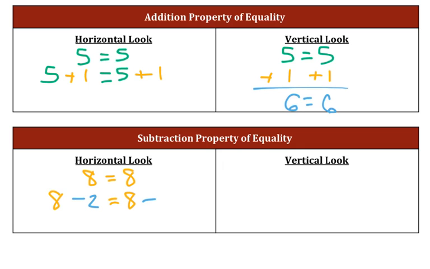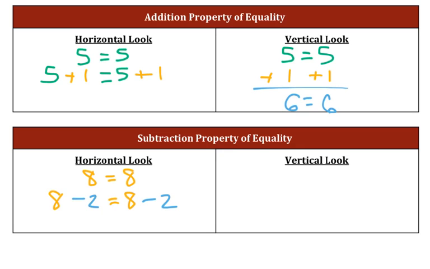While on the right side, as long as I subtract 2, it should still be the same. Well, 8 minus 2 is 6, and 8 minus 2 is 6 again, and since 6 equals 6, I've not messed up this true statement, because that's what equality is.